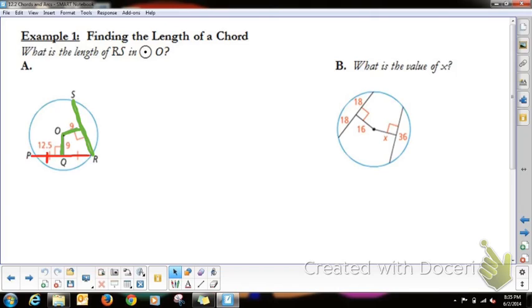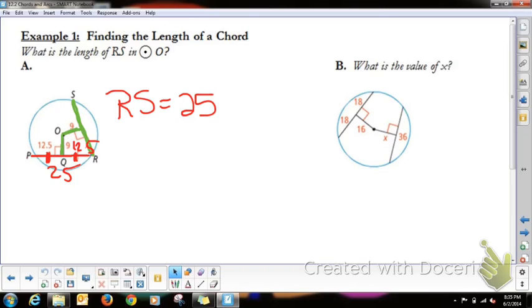Well, if this half is 12.5, then that means that this half is 12.5. So the whole thing, R to P, is 25. So RS would be congruent to it. RS would equal 25.